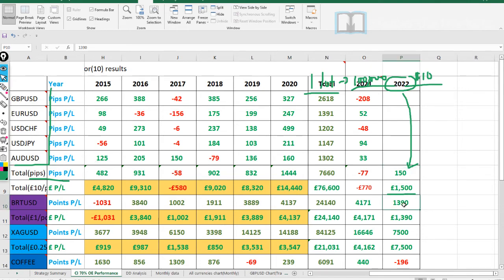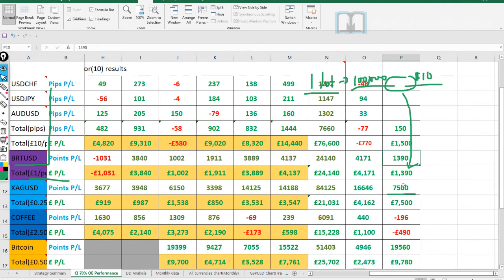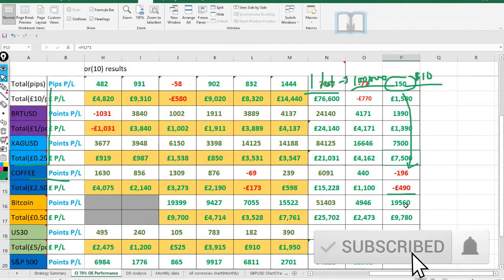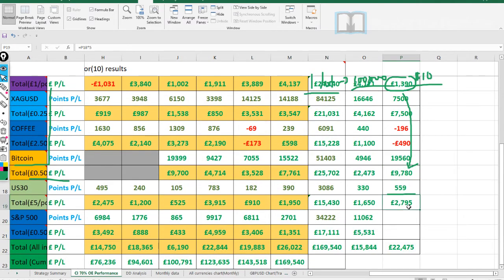Now in terms of the other instruments, the position size will matter a little bit because you're talking in terms of different units. So for Brent oil, it will come down to about $1 per point. So then we are looking at 1,390, silver 7,500, coffee still a loss, 490 over here, Bitcoin 9,780, Dow Jones 2,795.